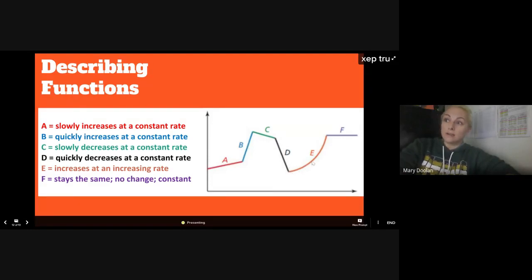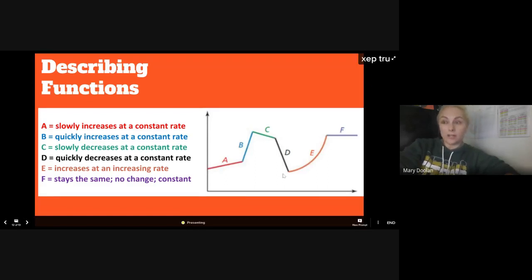For E, notice now we have a curve. Okay, this is no longer a straight line. It is no longer a constant rate. For it to be a constant rate, it has to be a linear section, a linear line, linear function, linear equation. But if it's curved, like we have here with E, this orange section, this is increasing because it is going uphill, but because it's curving more and more and more, the rate is getting quicker.